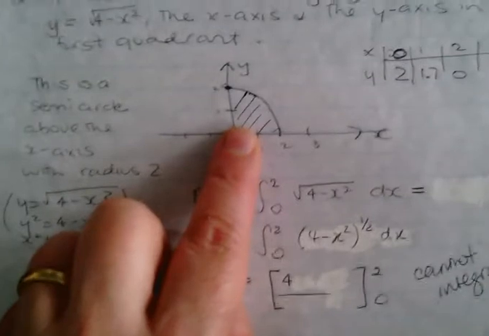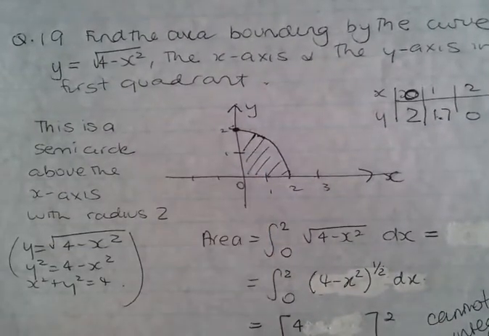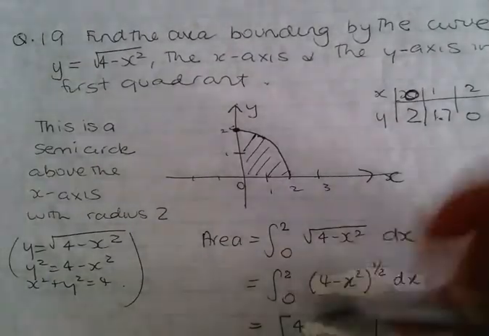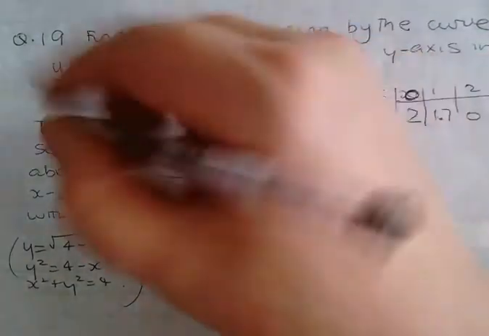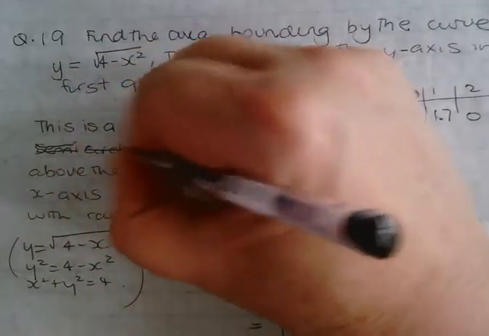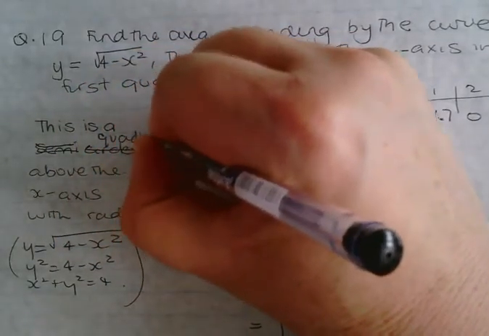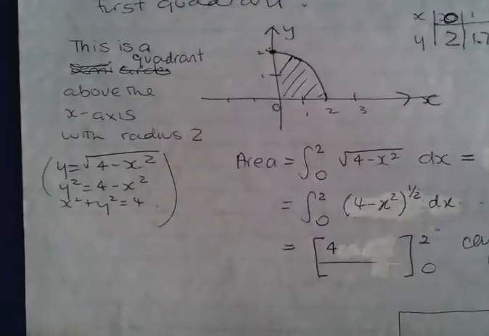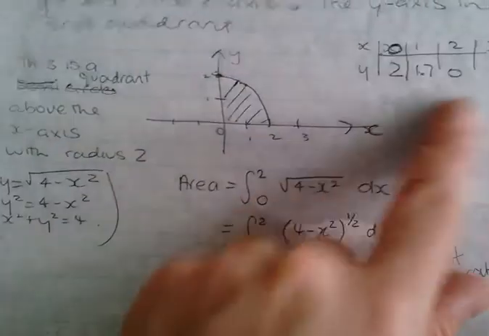But what do you notice about this? I did do one of these a few days ago. It's a semicircle, no, a quadrant. It's not a semicircle, it's a quadrant above the x-axis with radius 2. So what would its area be? You could approximate using Simpson's rule and that, but I wouldn't.